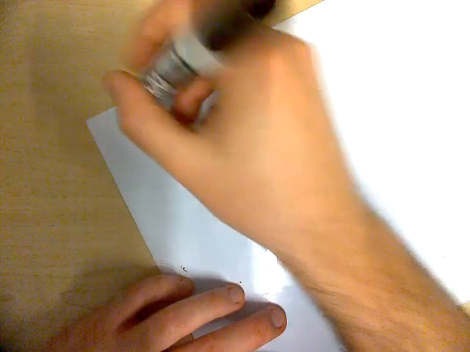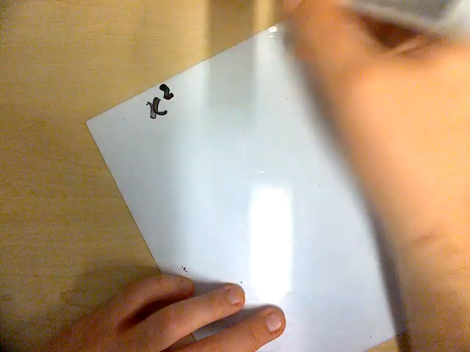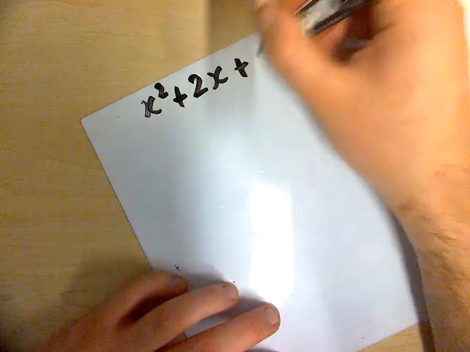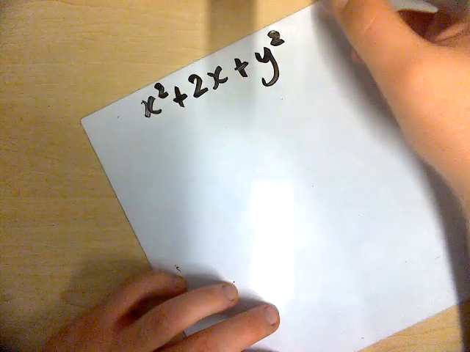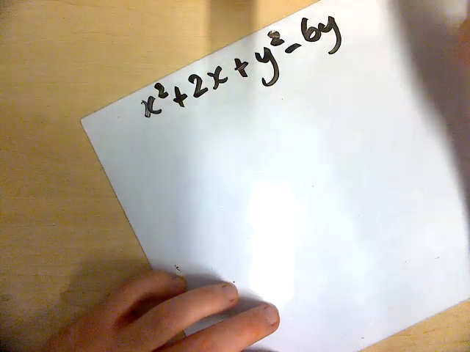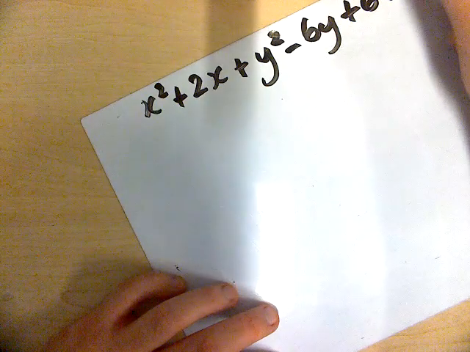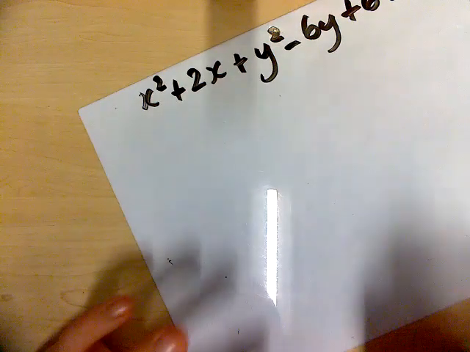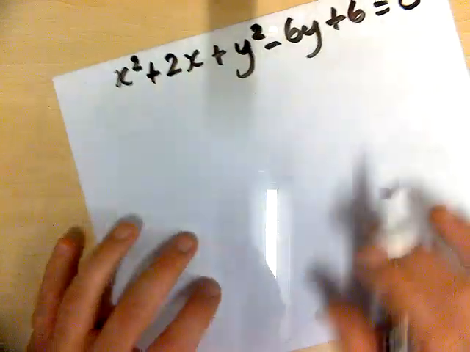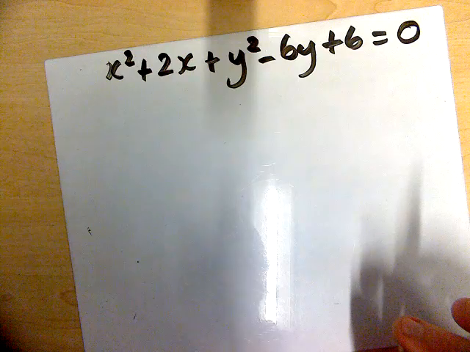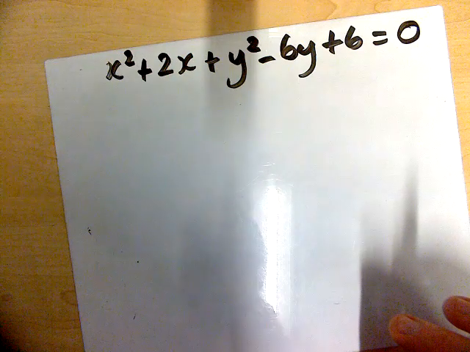Sketch the circle x squared plus 2x plus y squared minus 6y plus 6 equals 0. This one looks pretty scary. It's not in a form that we recognize, but we do actually have a tactic we can use to get it to how we need to use it.